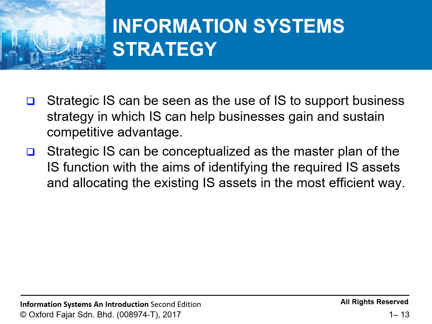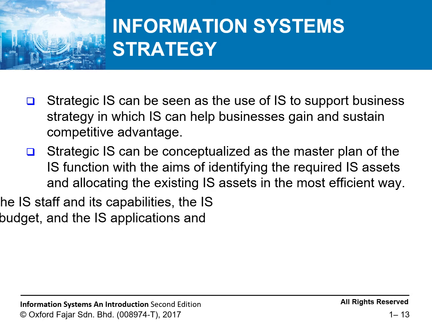The strategic IS also can be conceptualized as the master plan of the IS function, with the aims of identifying the required IS assets and allocating the existing IS assets in the most efficient way.